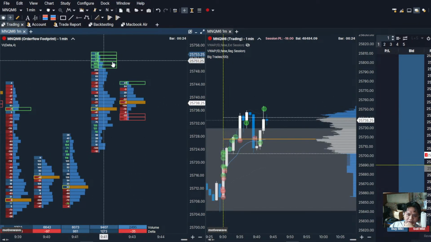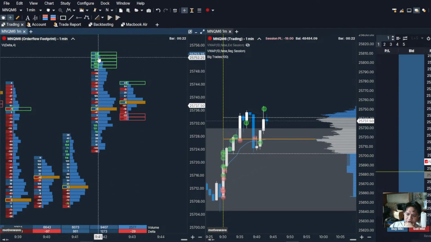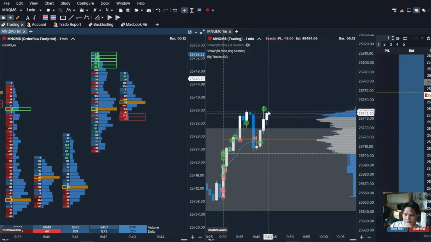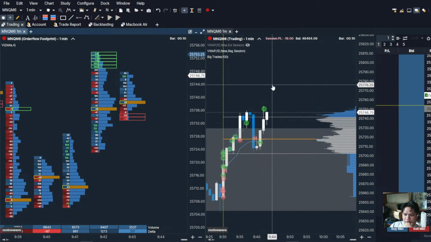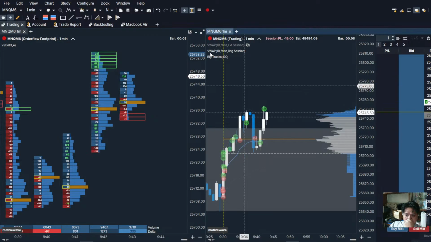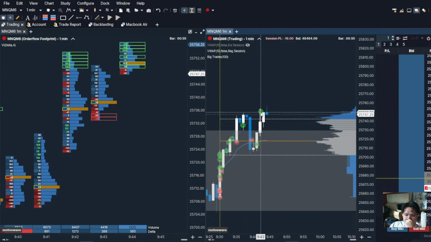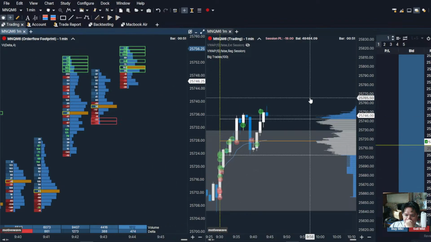And we can actually see that market got absorbed over here as well. We got absorbed here, so we'll see if the market will get absorbed again around this area. Will we get absorbed, or are we gonna continue going up?